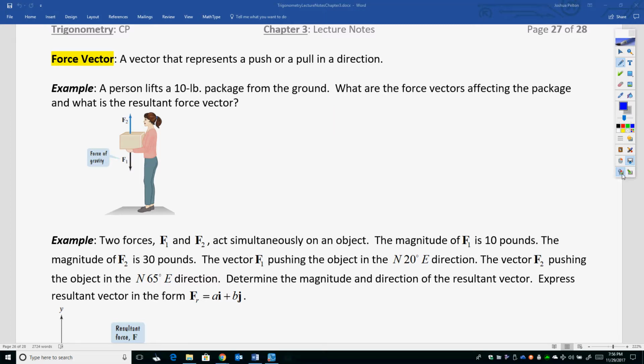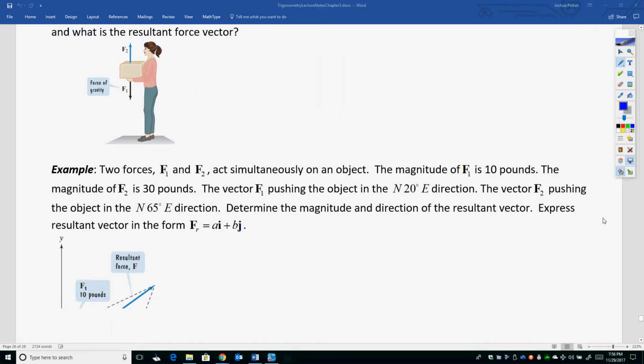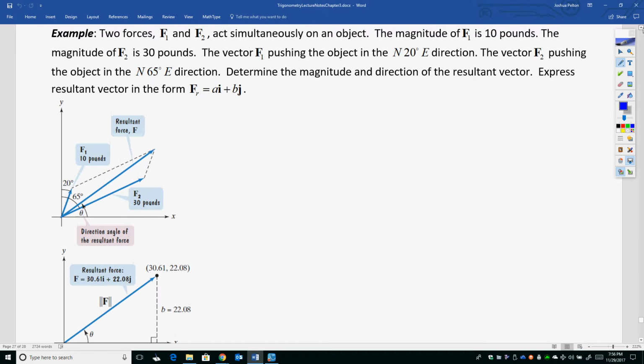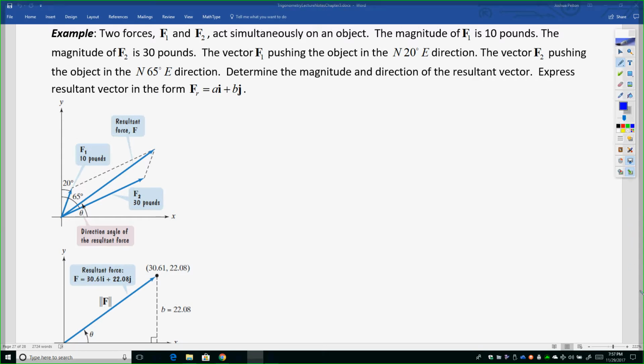Let's do another example problem. You have two forces, just generic forces here. Usually they'll be like wind, or two boats pushing on something, or two tow trucks pulling, something like that in the book problems.